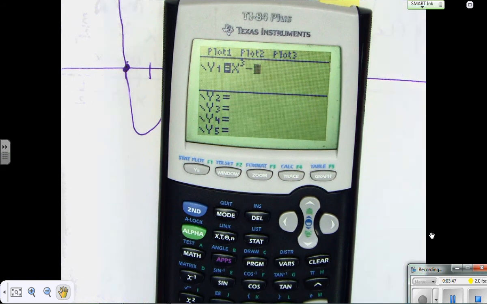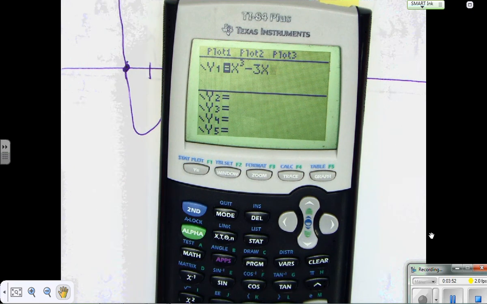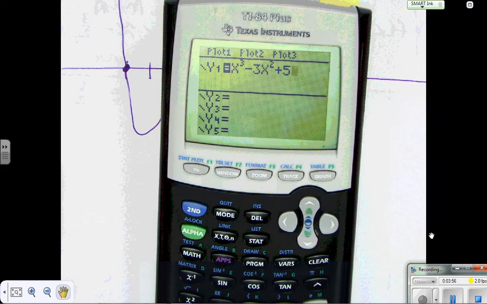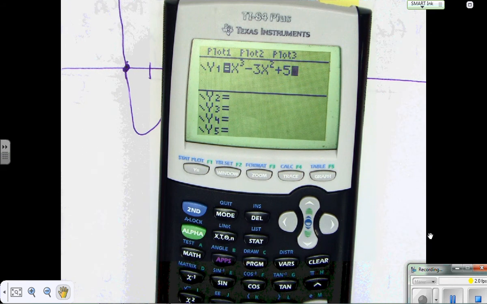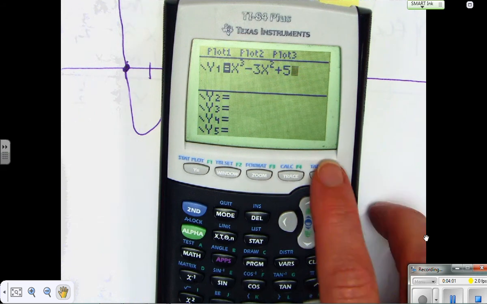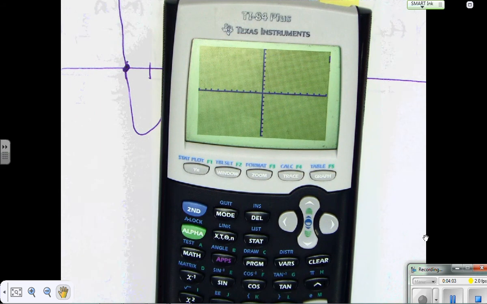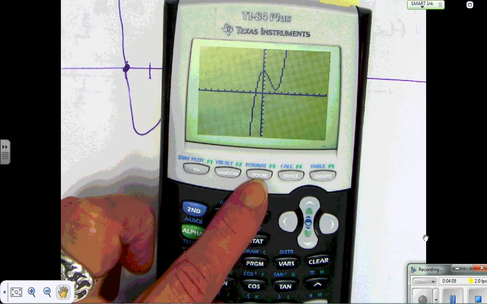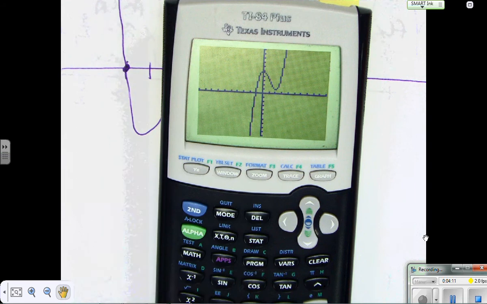It depends on what year, I think, and which kind you have. 3x minus 3x squared plus 5. So everybody got it? Okay, so now let's press graph. Now if your window is different, you can always put it back into standard by pressing zoom and then the number 6 on your keys.